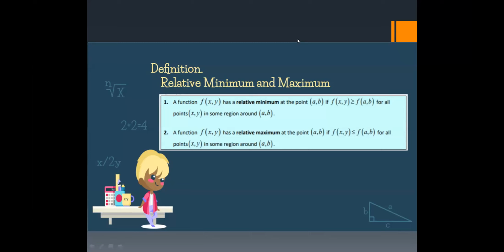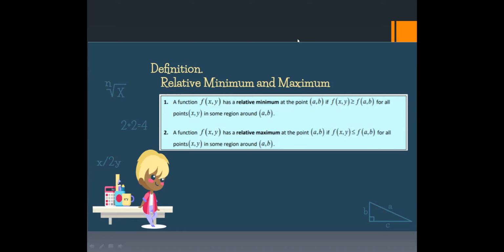For the sake of completeness, here is the definition of the relative minimums and relative maximums for functions of two variables. Note that this definition does not say that a relative minimum is the smallest value that a function will ever take. It only says that in some region around the point (a, b), the function will always be larger than f(a, b).